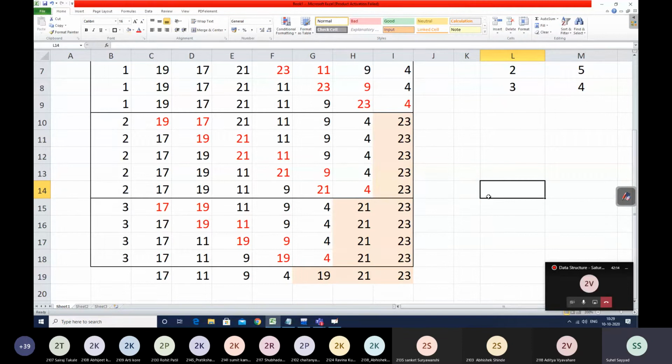Yes, sir. See, students, sometimes we take numbers in such a way that after some iterations, like after the fourth or fifth, we feel that our input is sorted.